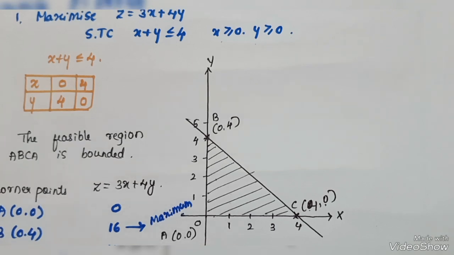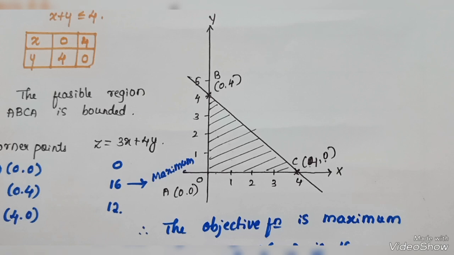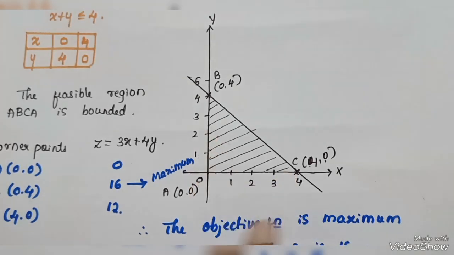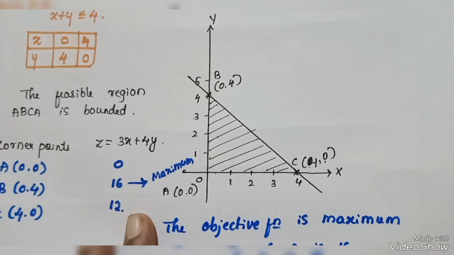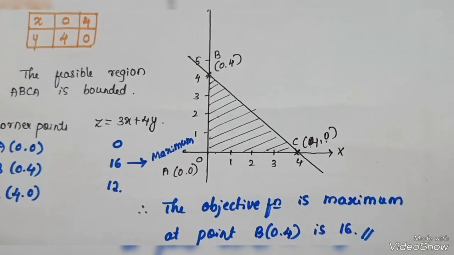If the feasible region is unbounded, we don't have any maximum or minimum point. When we have a bounded or unbounded region, we have to take the corner points. For those corner points, we check the objective function, whether it is maximum or minimum. Okay, up to this much we have to solve. This is the 6 marks question. Now we have to check the next question.